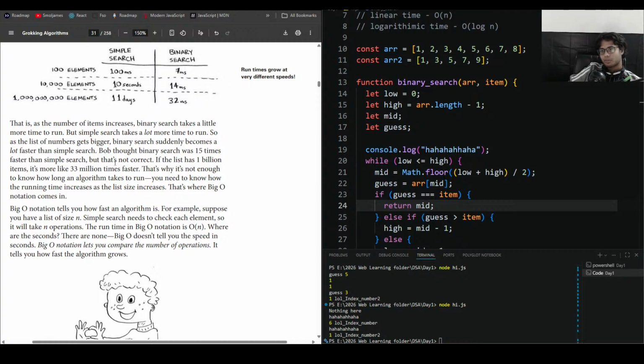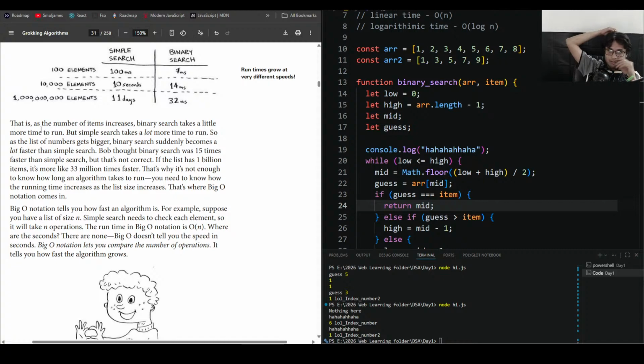As the number of items increases, binary search takes a little more time to run, but simple search takes a lot more time to run. So as the list of numbers gets bigger, binary search suddenly becomes a lot faster than simple search.